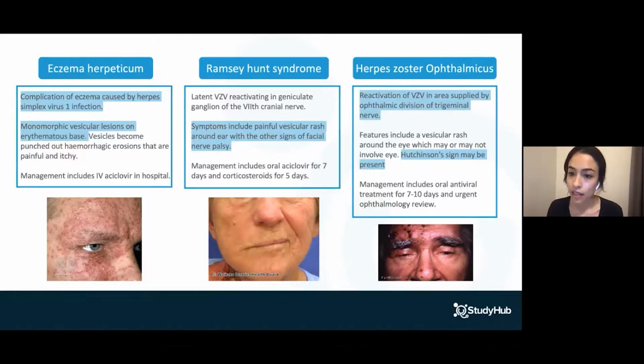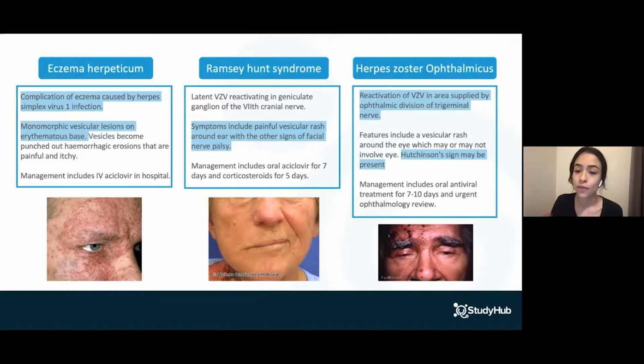Herpes zoster ophthalmicus is similar to Ramsay-Hunt syndrome, but instead of the facial nerve, it's the trigeminal nerve. And in particular, it's the ophthalmic division of the trigeminal nerve. So as you'll see in the picture just below it, the rash is in the ophthalmic division.